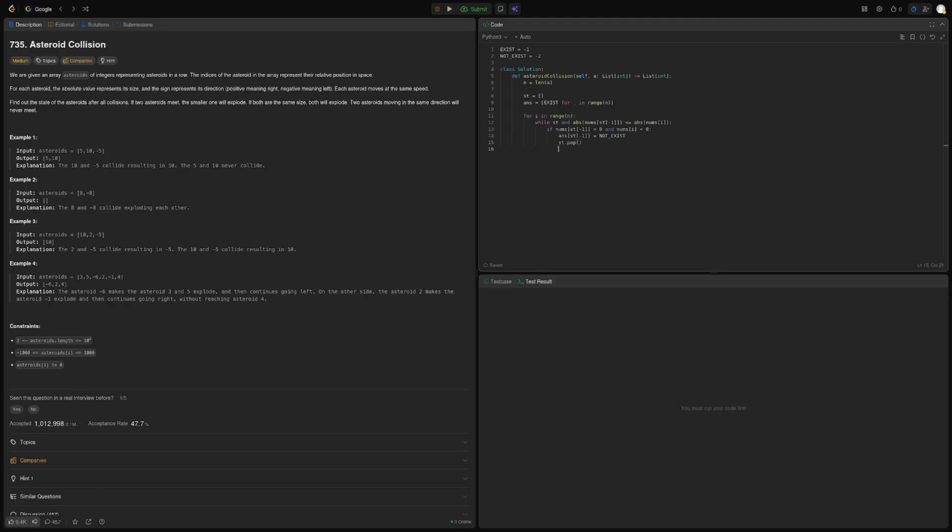We remove him, and now if st minus 1 equals minus nums I val. Okay, because if they collide and the one doesn't go to the left anymore.